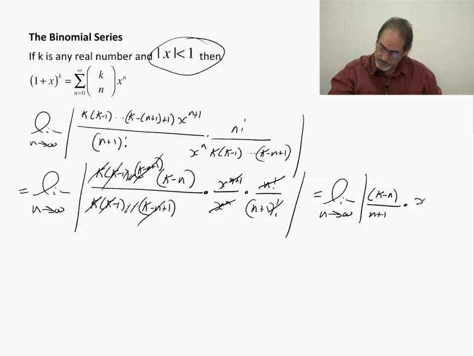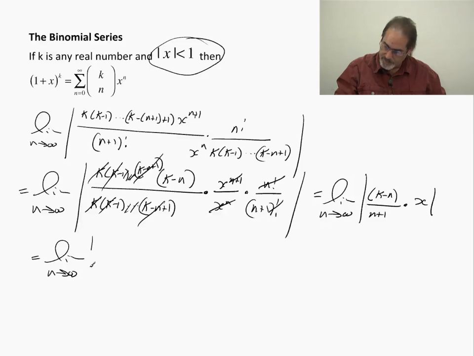Just my x. Well, that I'm going to rewrite as the limit as n goes to infinity, absolute value of k over (n + 1) minus n over (n + 1), and all of that is times x.